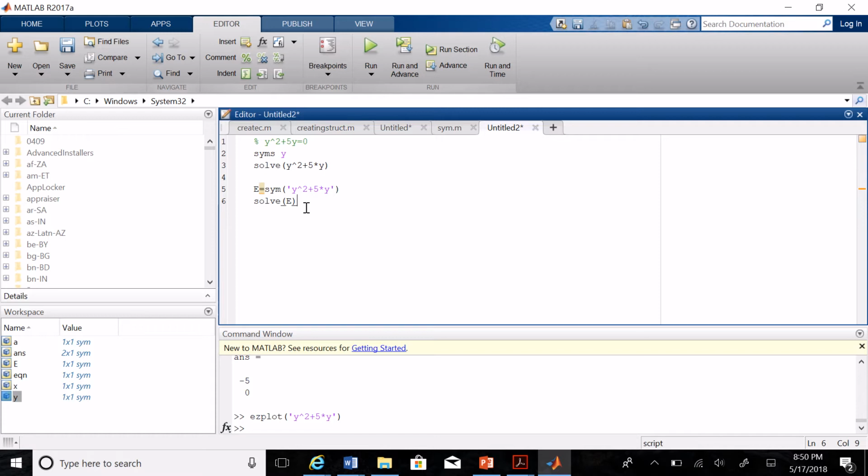Now let's say my equation is more complicated. I have y power of 4 plus 5 times y power of 3 plus y equal to 0. Let's say I want to solve this. I know that I have to tell Matlab that y is a symbol and then solve it for me.